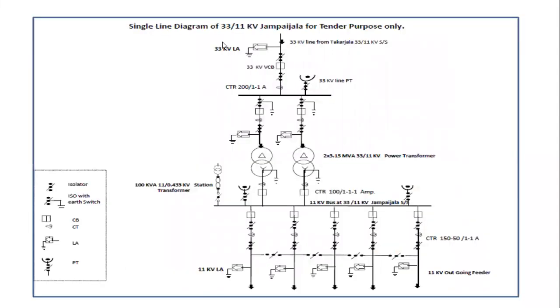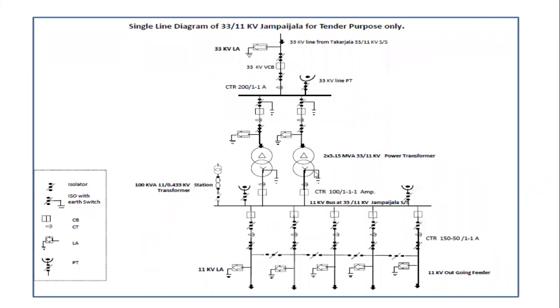And this is the single line diagram for a 33 by 11 kilovolt substation. This is the 33 kV incoming line, which will be given to this bus bar.